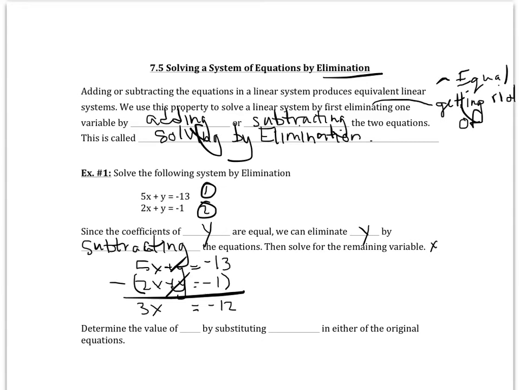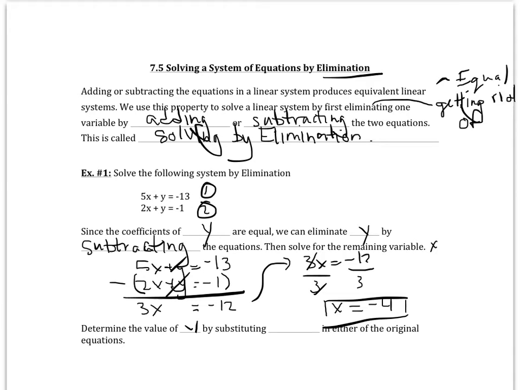So rewriting this, 3x equals negative 12. I want x alone, so I'm going to divide both sides by 3, and I get x equals negative 4. This is my answer for x.